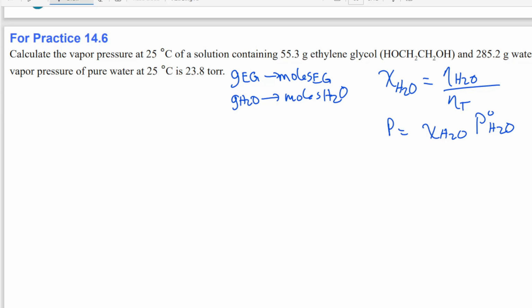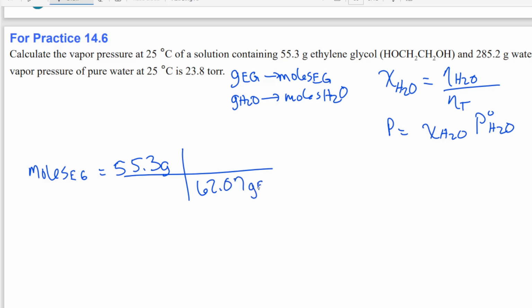The moles of ethylene glycol is equal to 55.3 grams, and that is 62.07 grams per mole. And that gives us 0.890926 moles for the ethylene glycol.